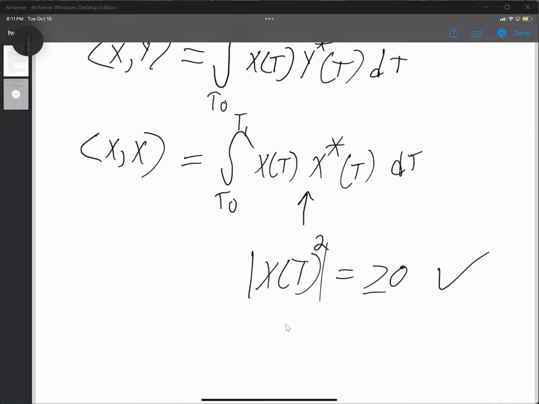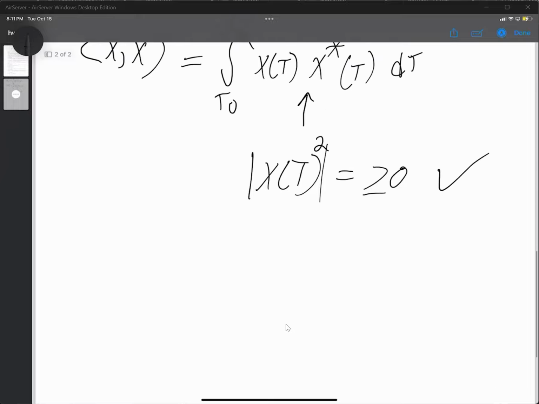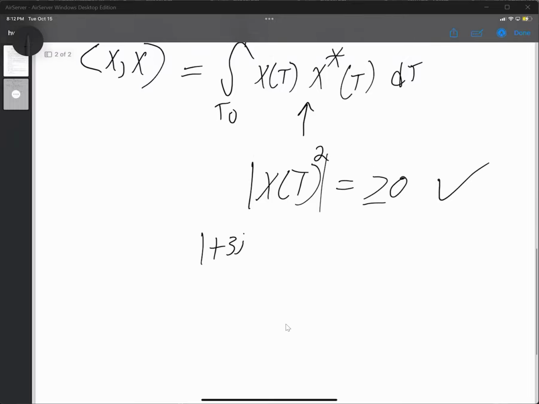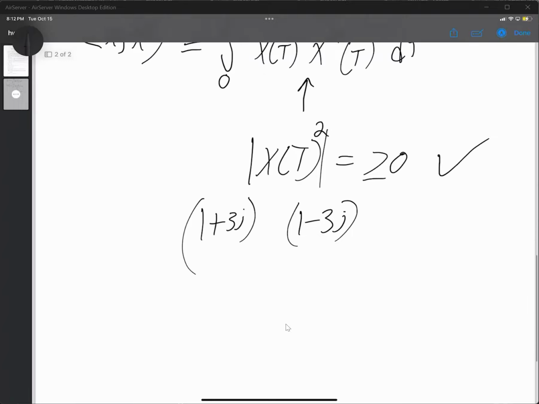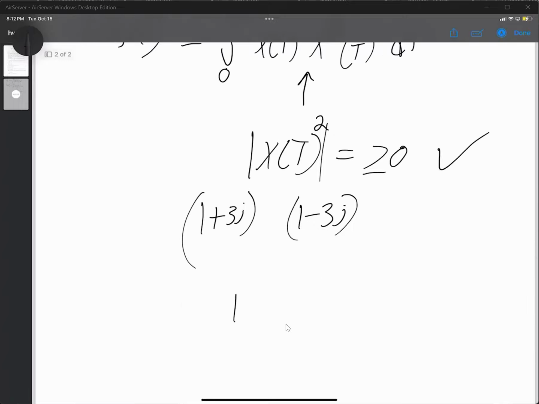And if you want to check, say we have complex number 1 plus 3j, the conjugate version would be 1 minus 3j, right? And if you multiply these, say you want to integrate from 0 to 1, you'll get 1 minus 3j.